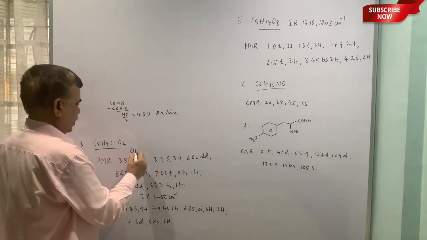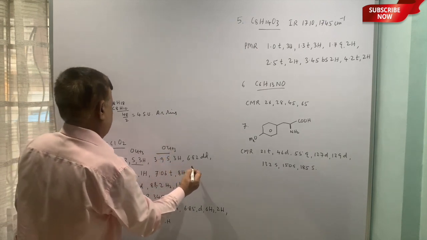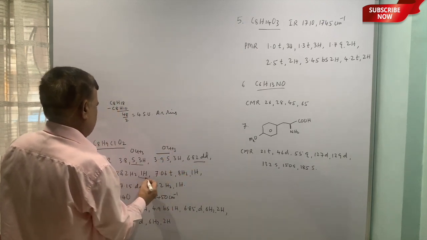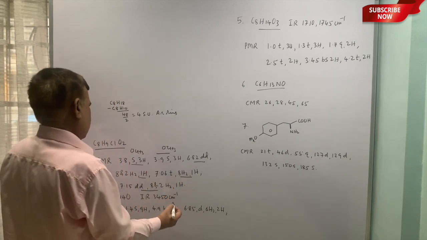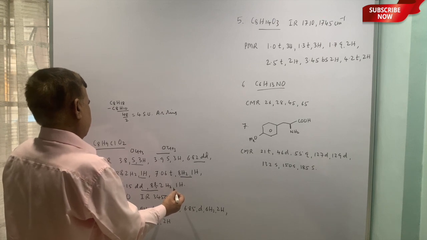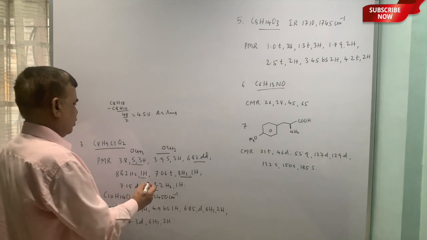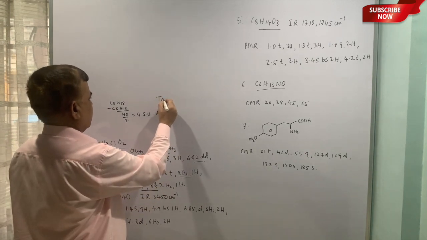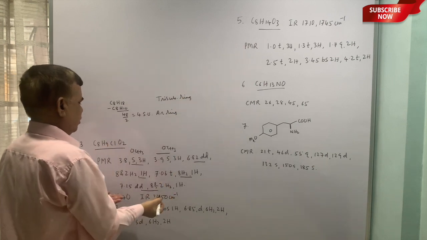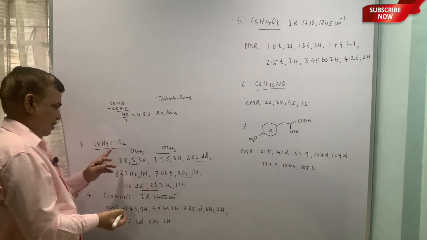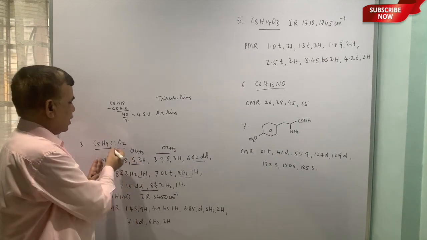This is OCH3, this is also OCH3 for that matter. Doublet of a doublet, 1 proton, triplet 1 proton, doublet of a doublet, 1 proton. So 1 2 3 hydrogens are seen. So it is a tri-substituted ring. So 3 hydrogens means 3 substituents are there, 2 methoxy groups are there, 1 halide is there.